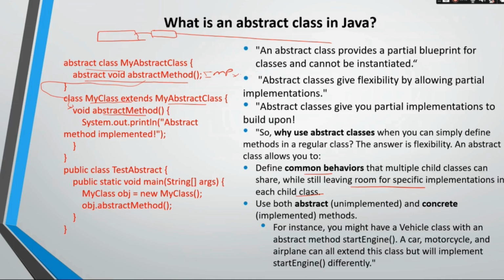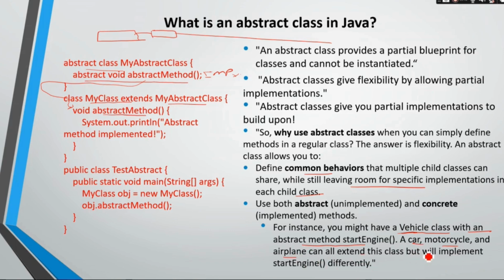For instance, you might have a vehicle class which has an abstract method called start engine. Vehicle can be extended by any vehicle, like car, motorcycle, and airplane. Everything has an engine: a car has an engine, a motorcycle has an engine, an airplane has an engine, but their implementation might be different.